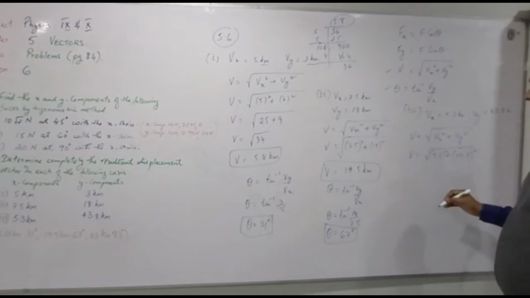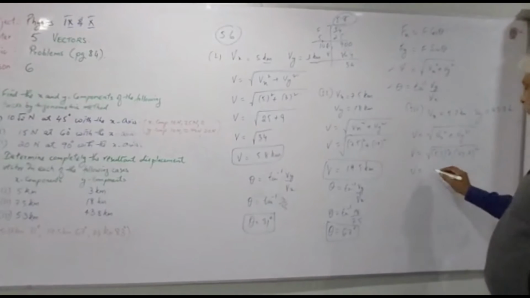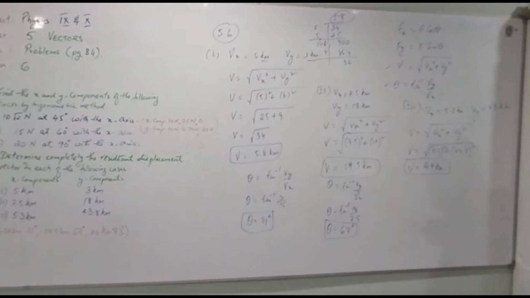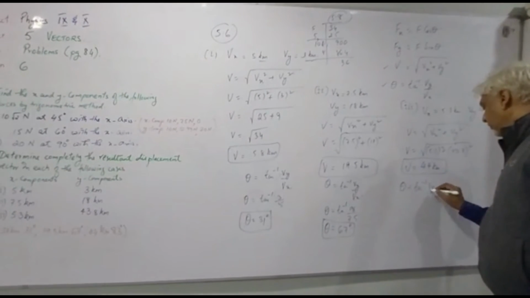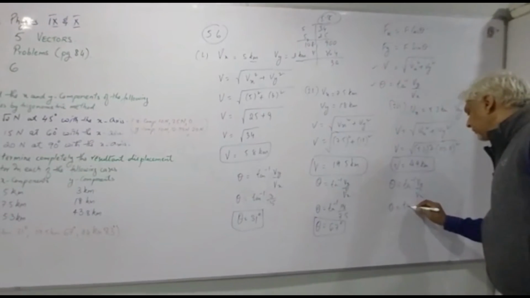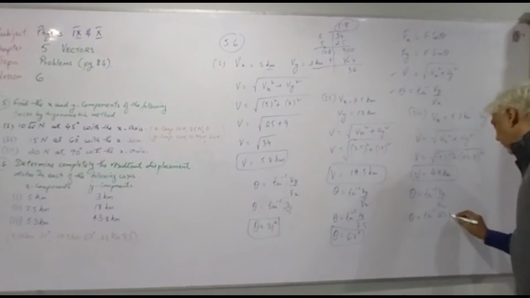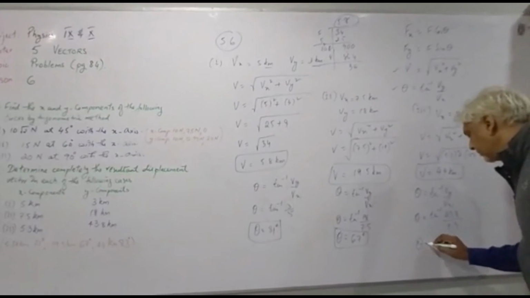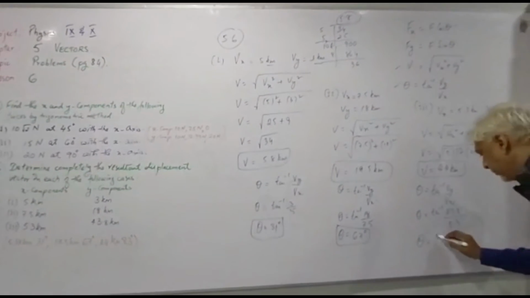You work this out and your answer should come to around 44 kilometers. And finally, theta is tan inverse of Vy upon Vx, so substitute the values: divide 43.8 by 5.3, and when you take the inverse tan of it, your angle theta should come to approximately 83 degrees.